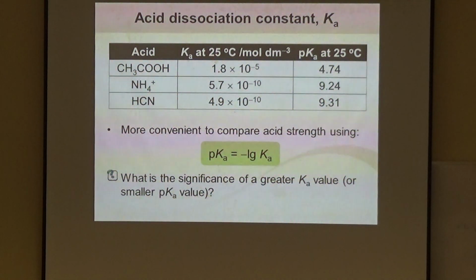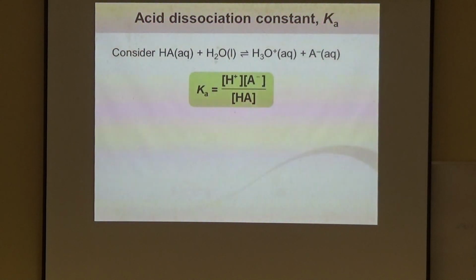Now, you need to try to make sense of what is a greater Ka value or a smaller Ka value, pKa value. So look at the equilibrium. If you have a larger Ka value, that will probably mean there's more H plus and A minus.